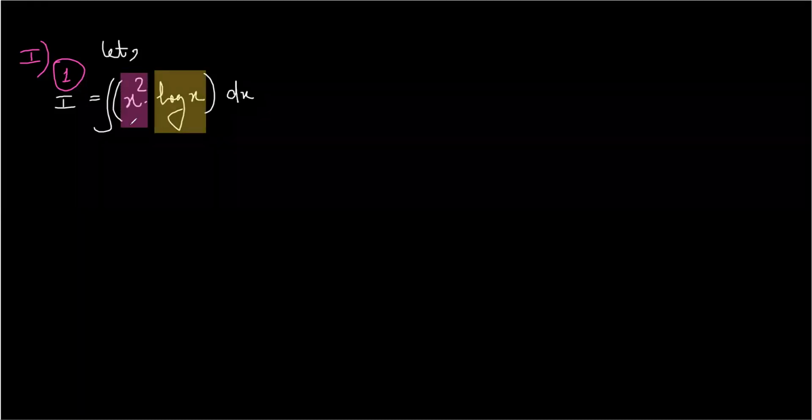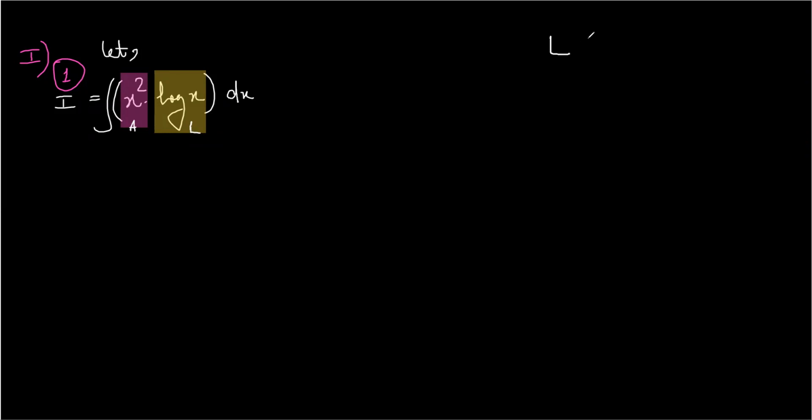So here you write A, this is algebraic, and here you write L. So the order that you notice is AL, but the priority code you have is LIATE. The best way to remember this is what?